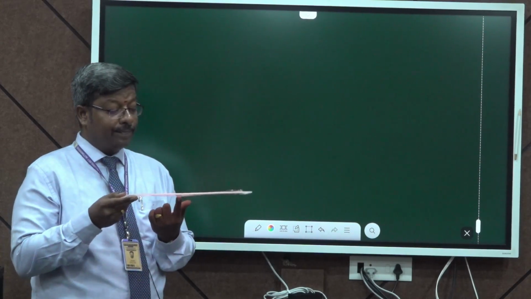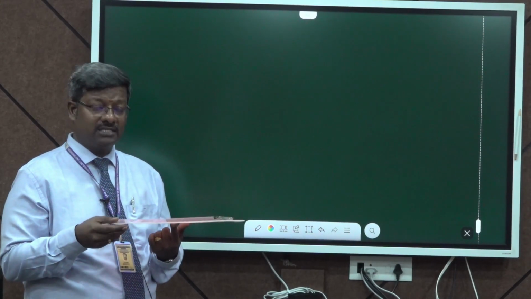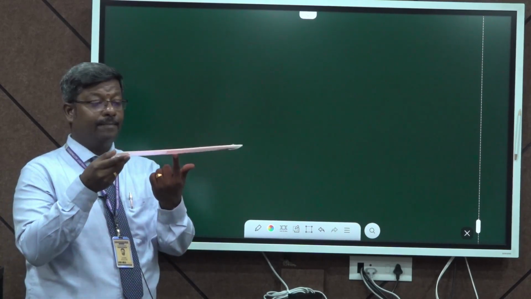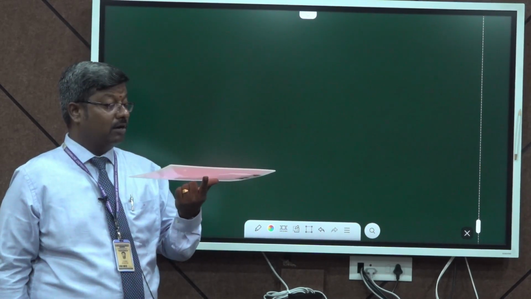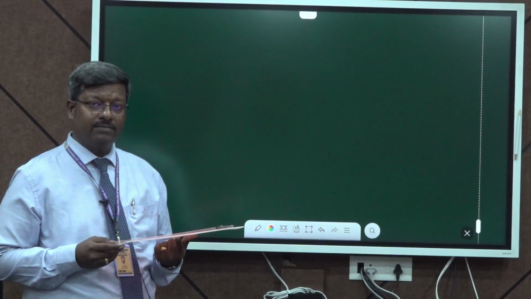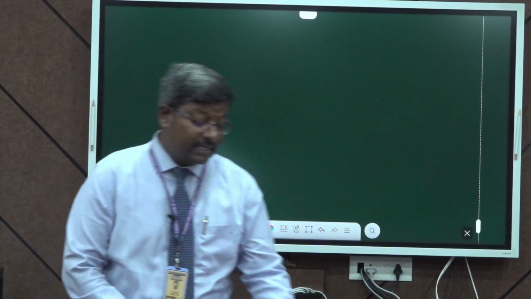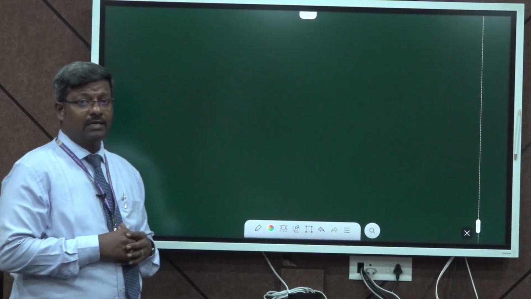So, we need to identify the exact center of gravity point first, then we can place the pad like this so that it cannot be toppled and it can be balanced and stay in an equilibrium state. This kind of center of gravity can be found out by using different formulas.